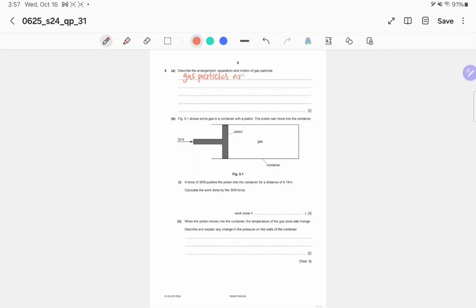And separation, they are moving randomly. They have more space, so they are moving randomly.